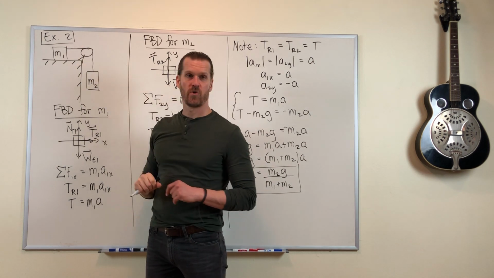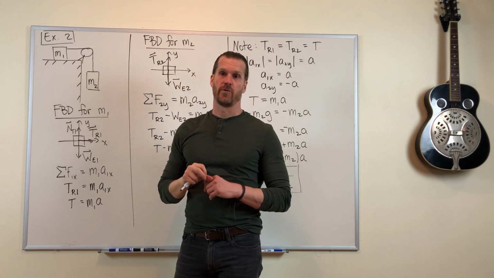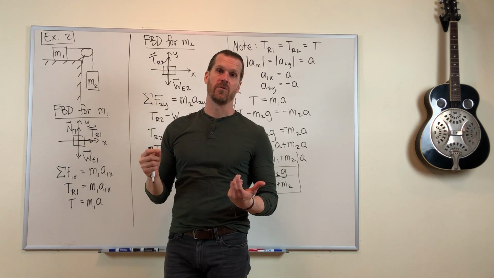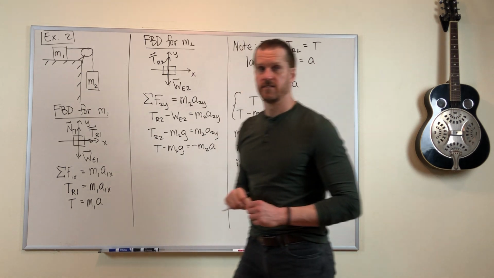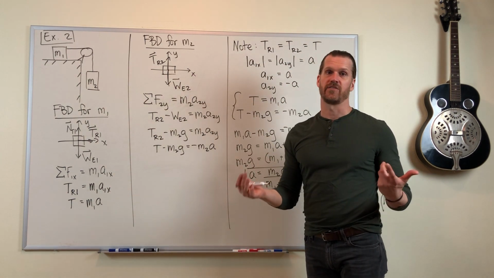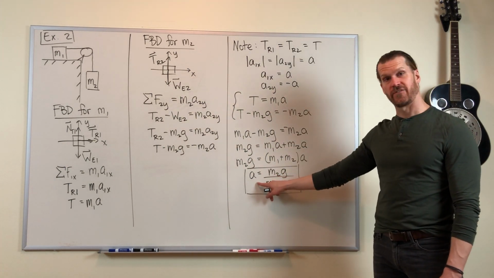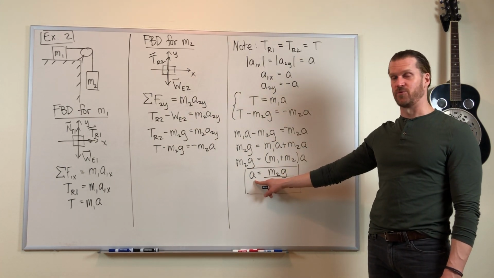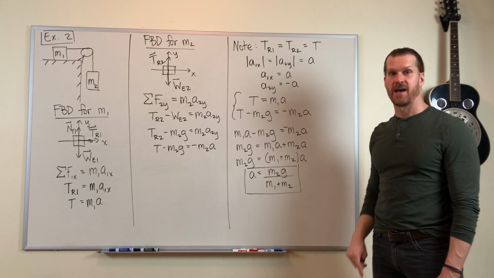Because it's connected with a rope, it pulls on mass 1 to the right. So the force that makes everything go is the gravity force on m2. And it's a system of two objects. The total mass of that system is m1 plus m2. So it makes sense that the acceleration of that system would be the force on the system divided by the mass of the system.